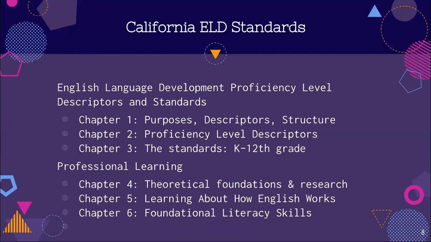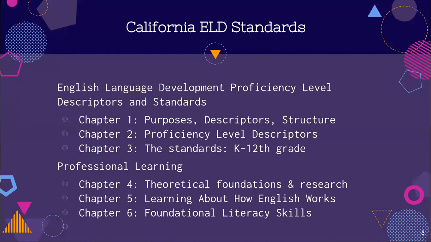Now, the standards, like I said on the last slide, have been around since 2012, but they're still considered new by many. And a lot of our new curriculum is coming out, and that curriculum includes these standards. But I would encourage you to take a look at the standards, and especially the chapters that are outside of Chapter 3. While you may have the actual standards there, really looking at the proficiency level descriptors is helpful.